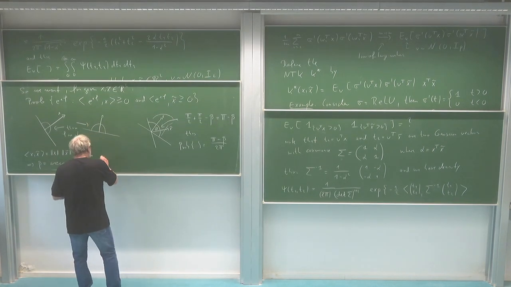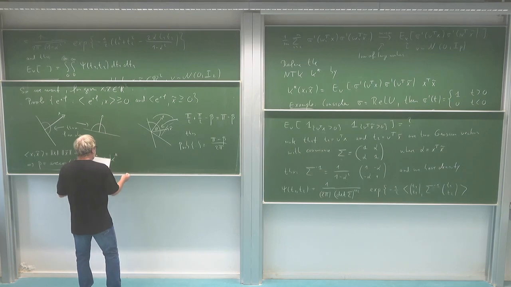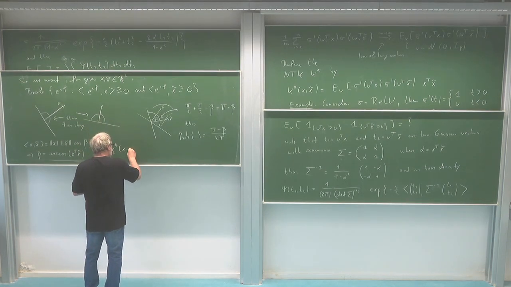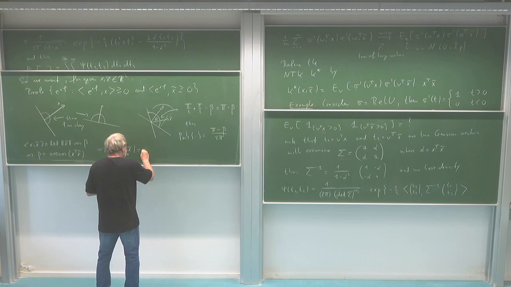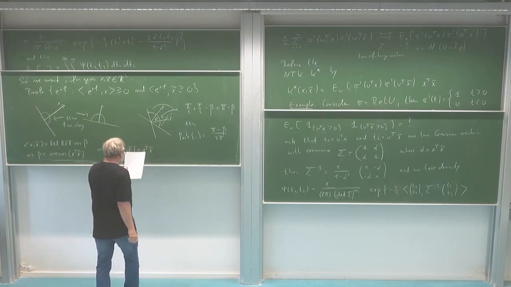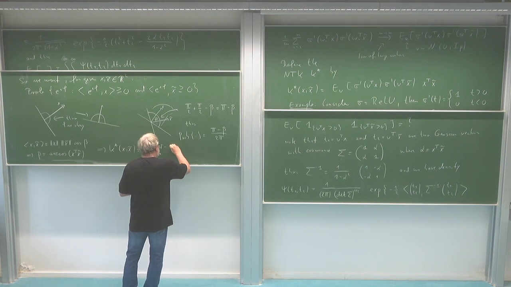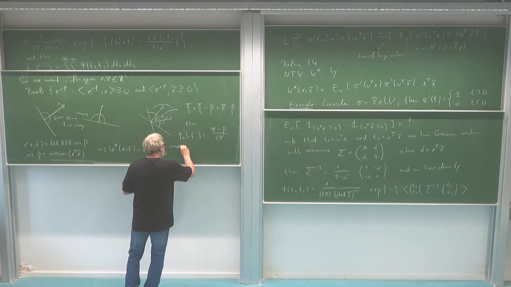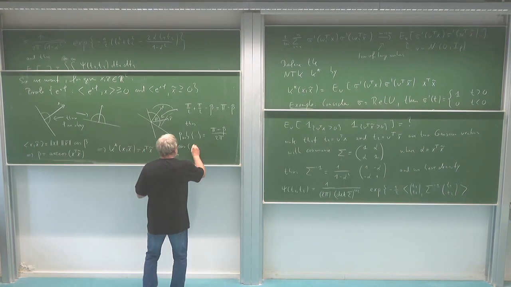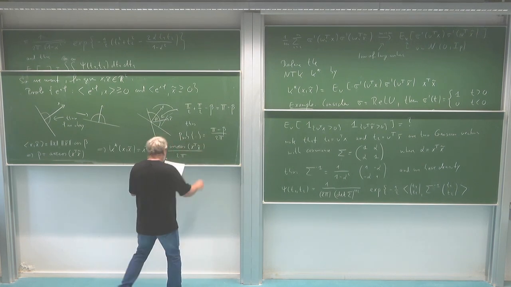Good. So our kernel in this case, for x and x twiddle, is this probability here. So this is pi minus arc cosine of x transpose x twiddle, divided by 2 pi.